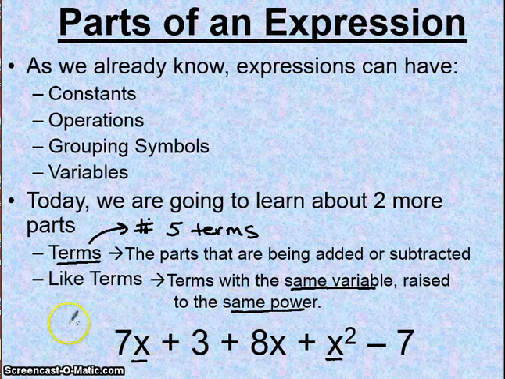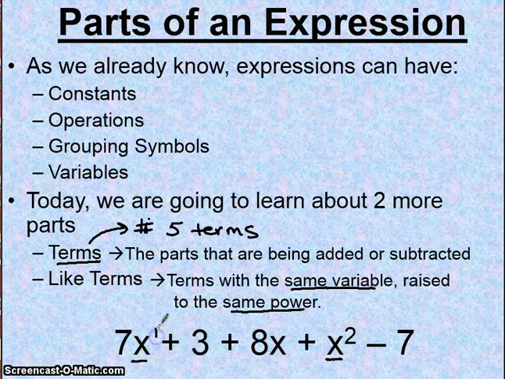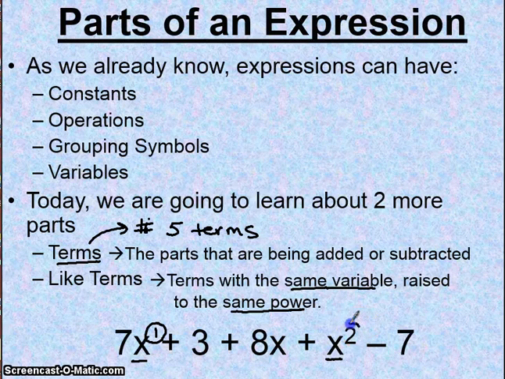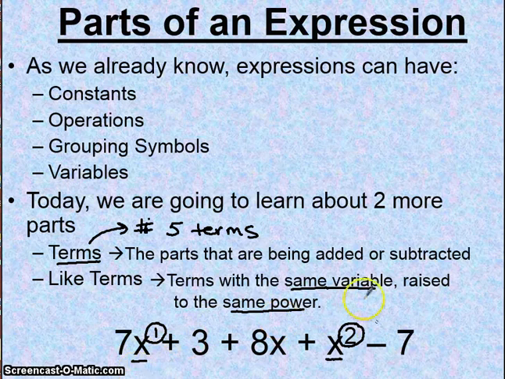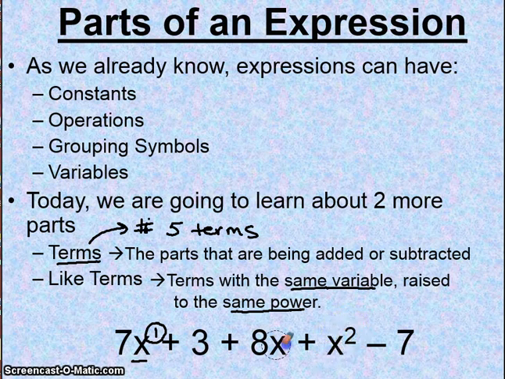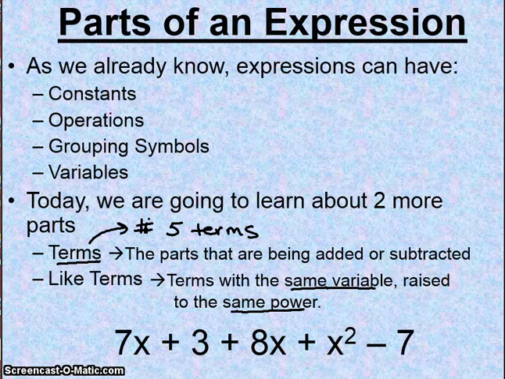They do not have the same exponent. This term's variable has an exponent of 1, whereas this term's exponent is a 2. So these are not like terms. Yes, they have the same variable, but they do not have the same power. Can you find any that have the same variable and the same power?